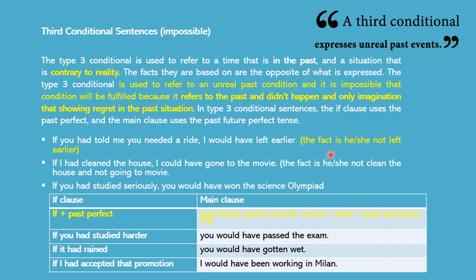The fact is, he or she did not leave earlier. This is a past situation showing regret, and it cannot happen in the present because it is already left behind.